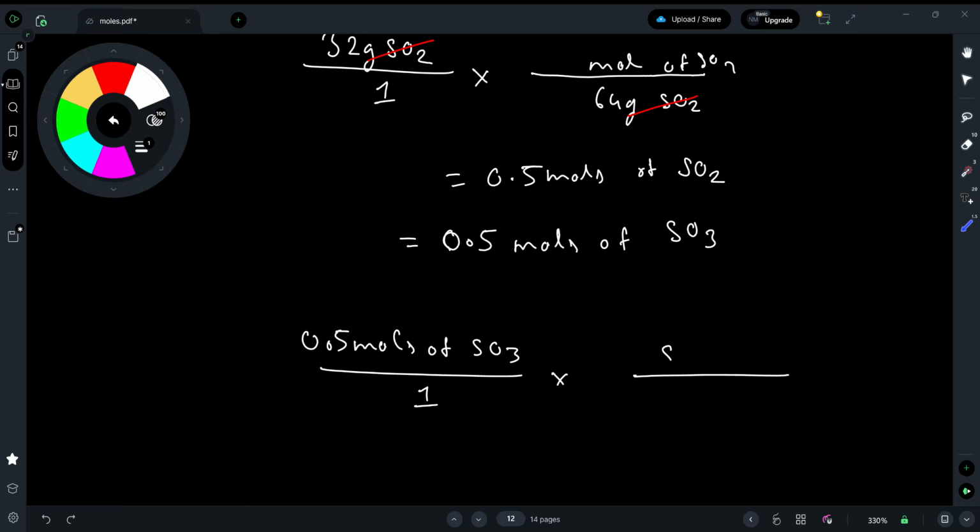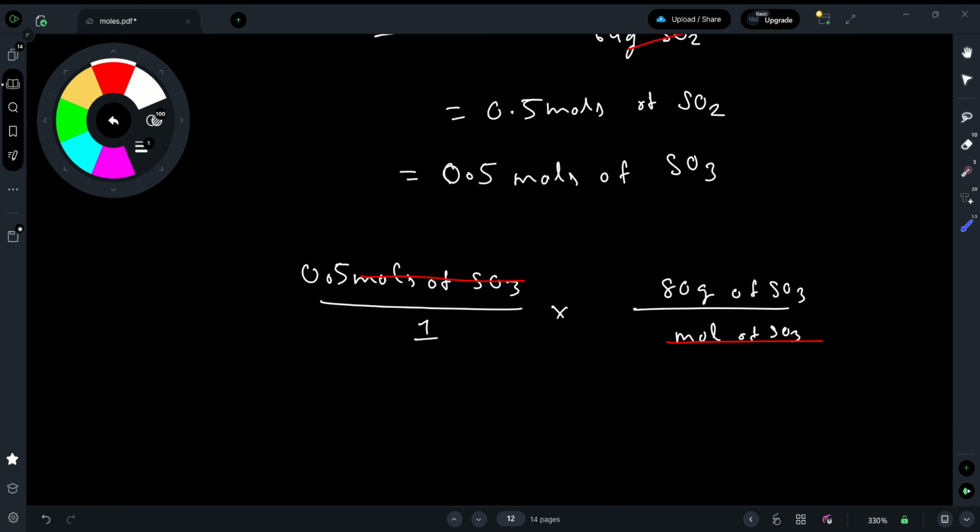So you have 80 grams per mole, 80 grams of SO3 per mole of SO3. So you can cut the moles of SO3, 0.5 into 80 is 40 grams of SO3.